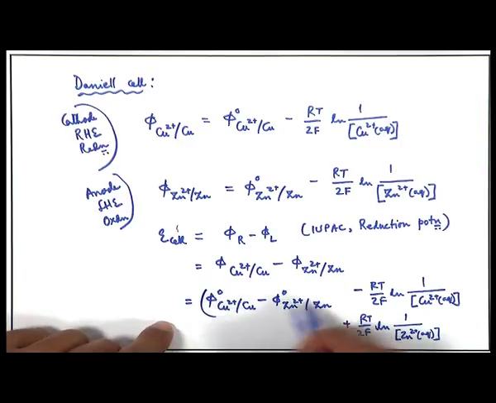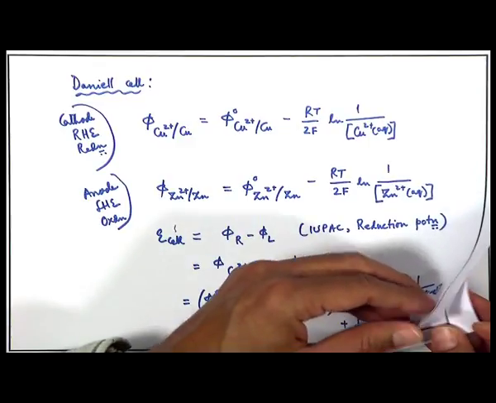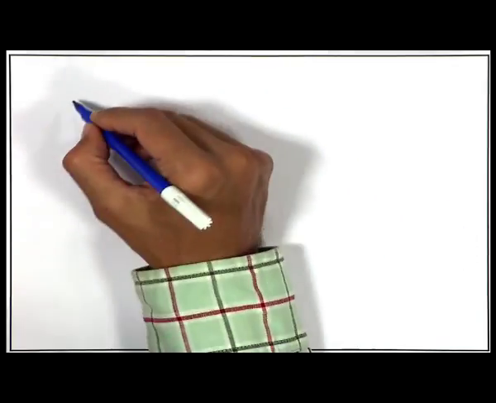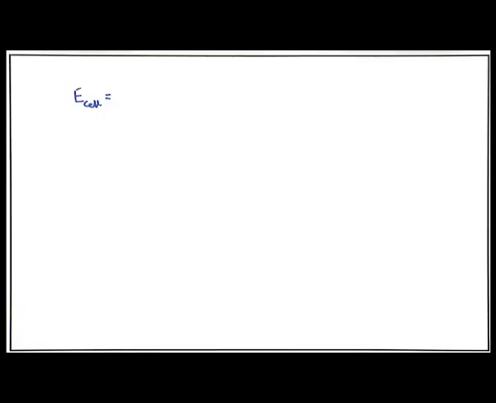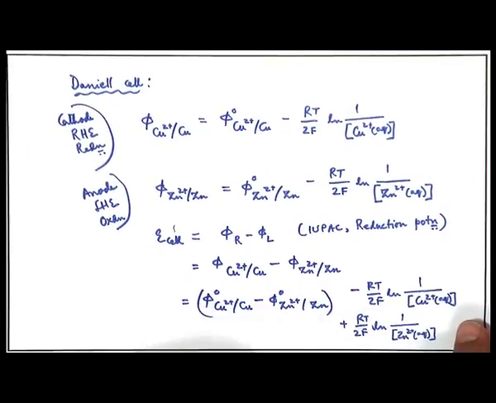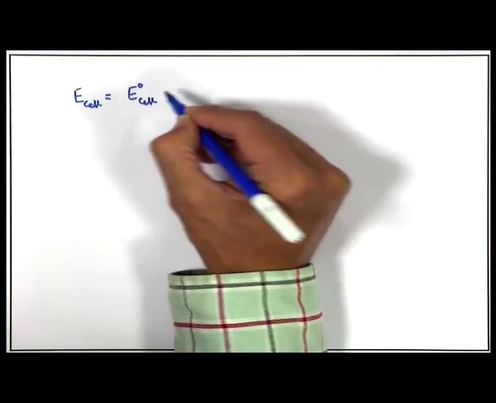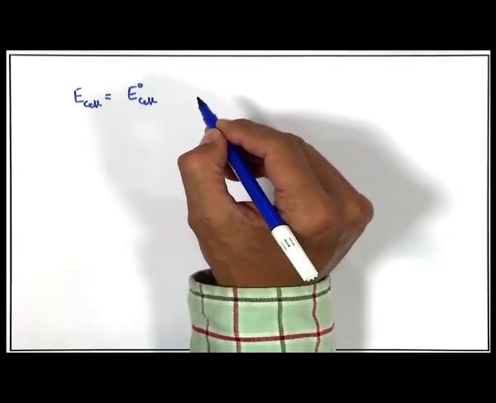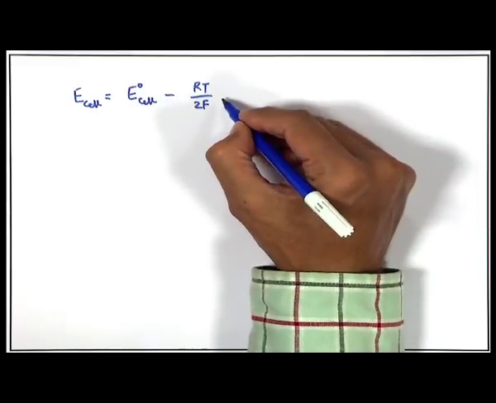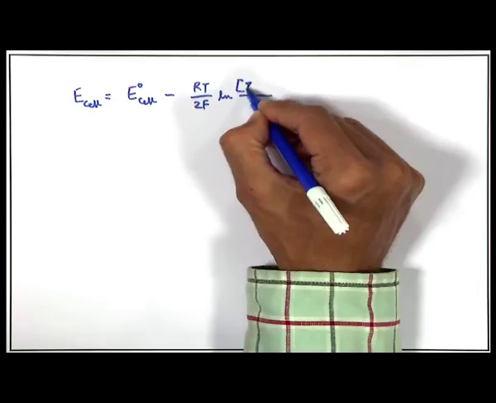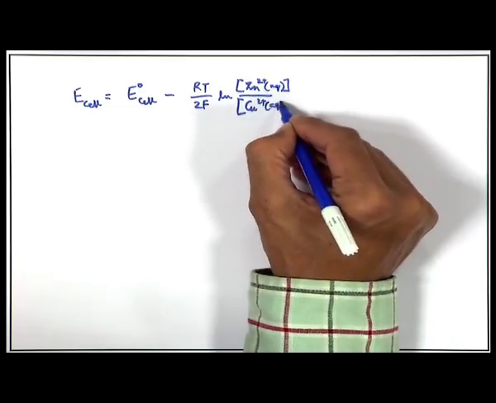So, this together will get you E cell. The bracketed one will basically be E0 cell, because it is the difference in the standard electrode potentials, and then E cell is E0 cell minus RT by twice F ln zinc 2 plus aqueous by copper 2 plus aqueous.